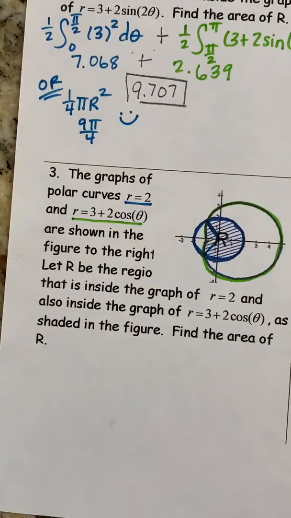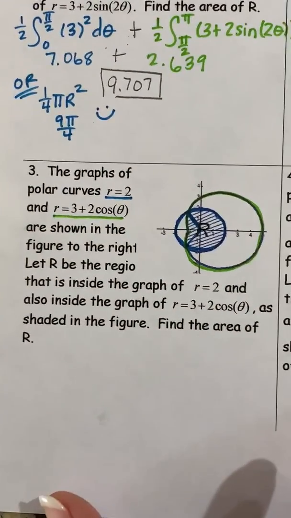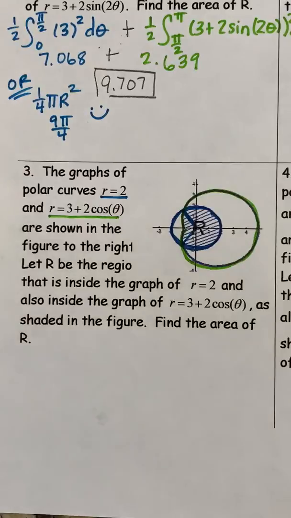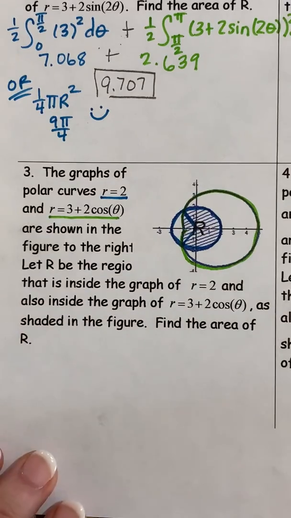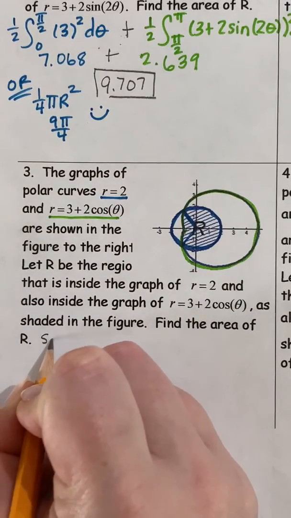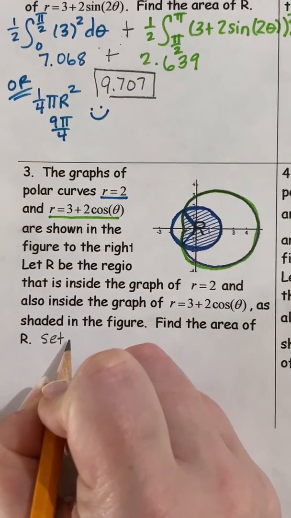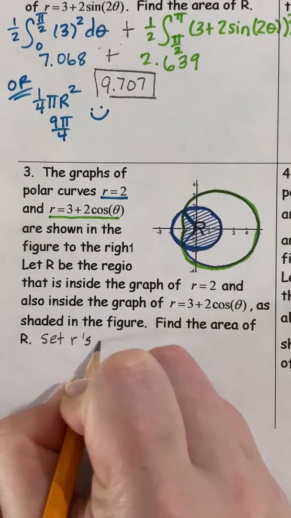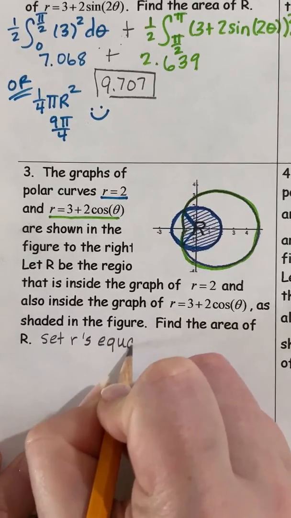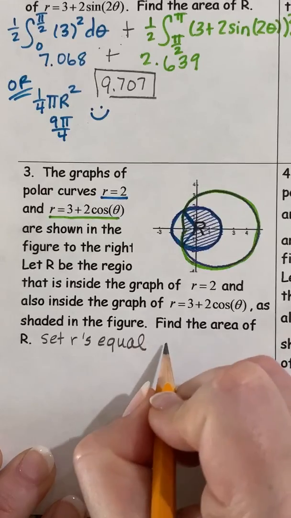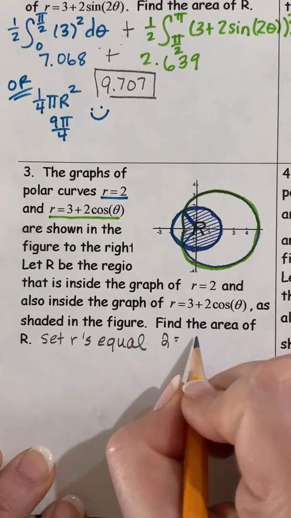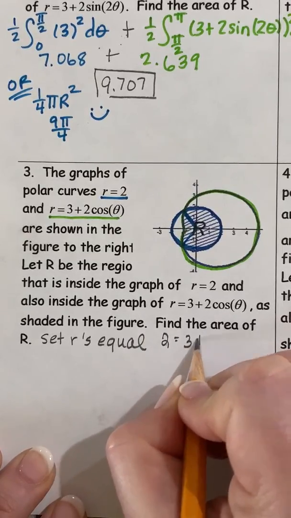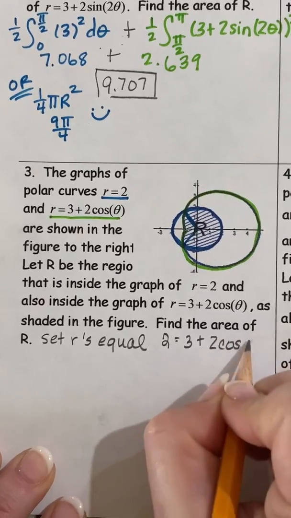So in problem 1, I proved it to you that they did at pi over 2. And how did I do that? I set the two r's equal to each other. So if I set r's equal, that's going to give me 2 is equal to 3 plus 2 cosine of theta.